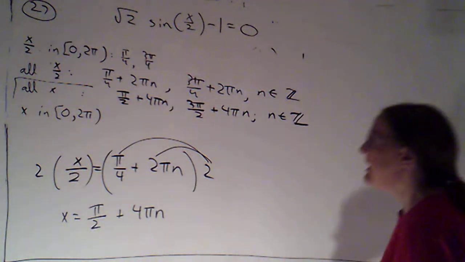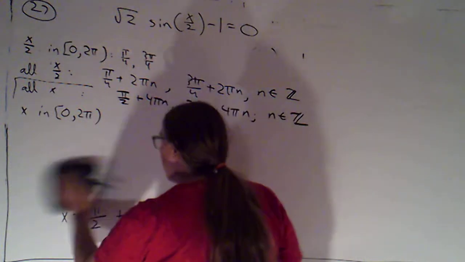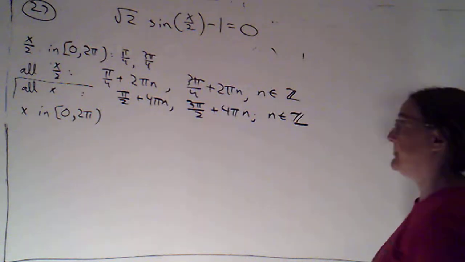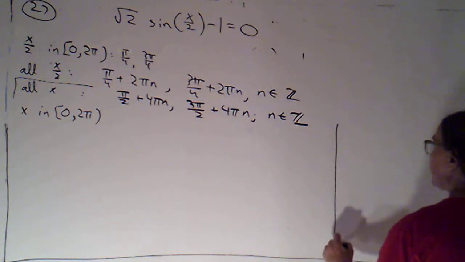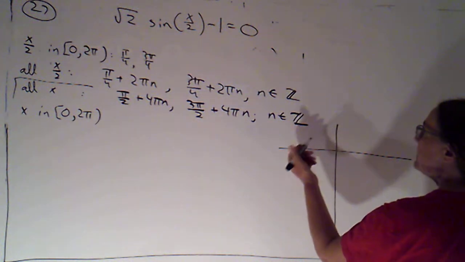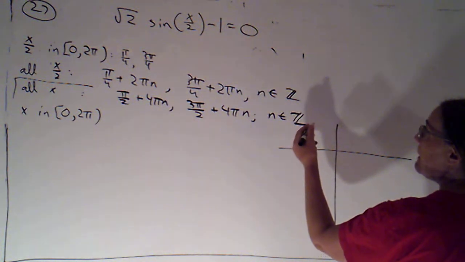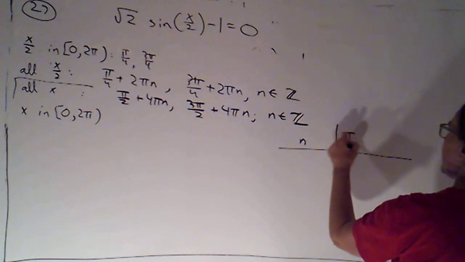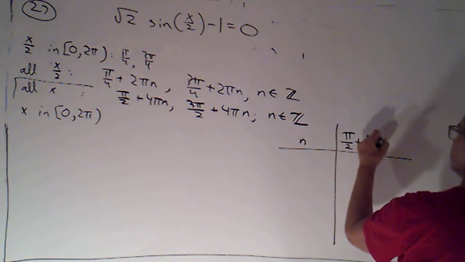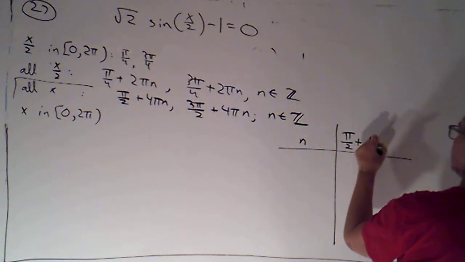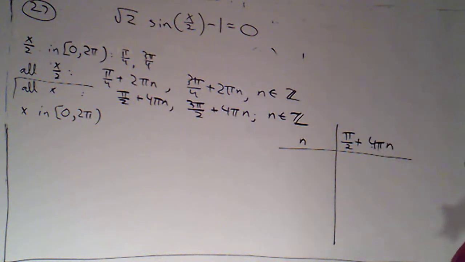Okay, so now I want to get all values of x in the interval from 0 to 2 pi. Okay. So I'm going to just create my little table here for what n could be, and then we had pi over 2 plus 4 pi n.